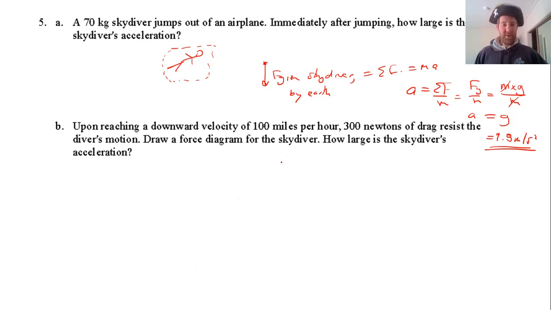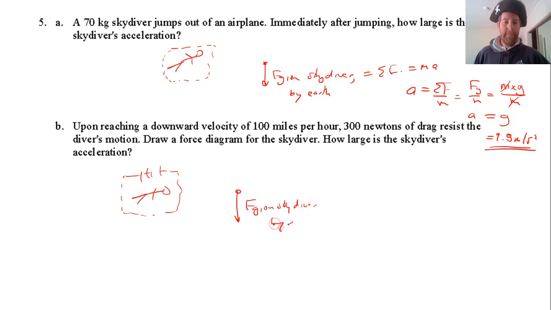Upon reaching a downward velocity of 100 miles an hour, 300 newtons of drag resist the diver's motion. Draw a force diagram for the skydiver. So now the guy is going fast, and there's some air resistance. So now we've got our force of gravity on skydiver by Earth and our friction force on skydiver by air, and that's equal to 300.